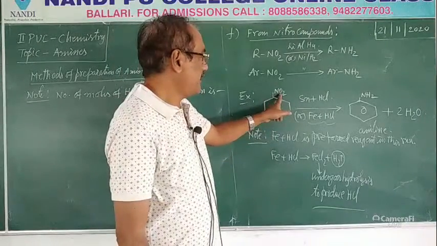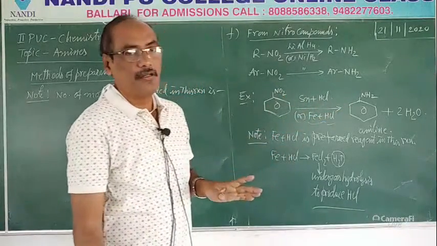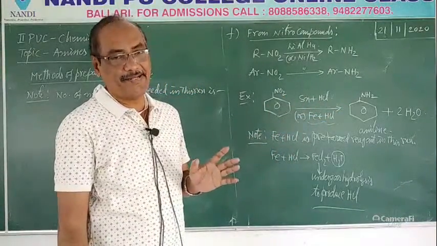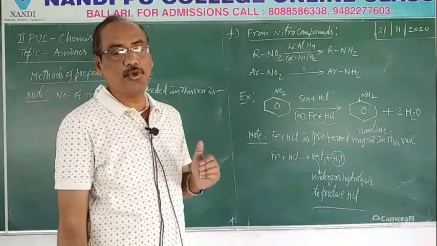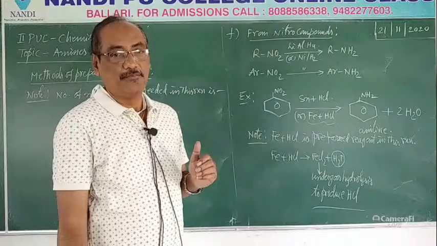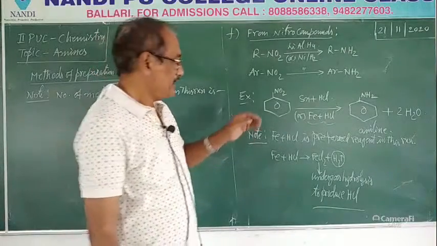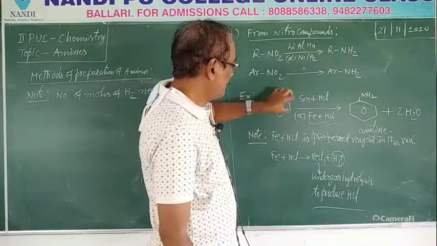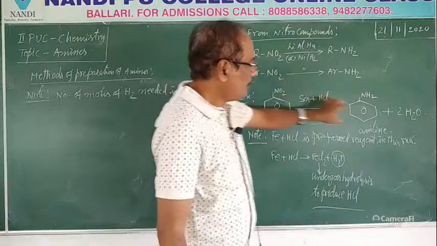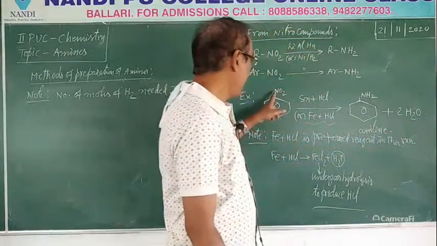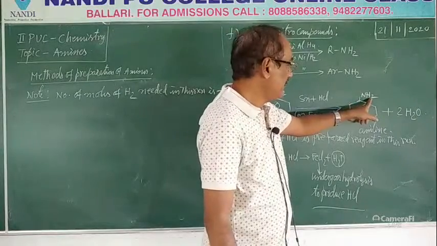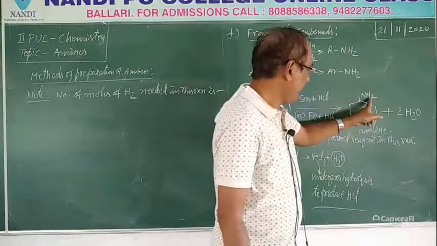So 2 oxygens are replaced by 4 hydrogen atoms, that means 2 moles of hydrogen. But that is not the answer, because the 2 oxygens need 4 hydrogens to be removed as water molecules, and the nitrogen needs 2 more hydrogens to become NH2.